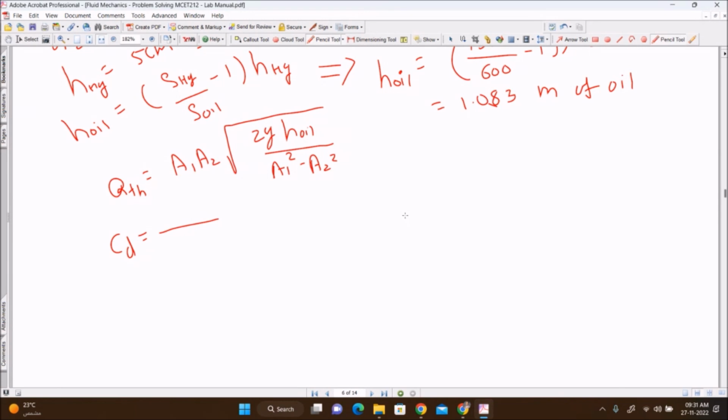In actual, there is a friction loss, a measurement loss, a time loss. Actual discharge is less and theoretical discharge is more. So the formula is actual by theoretical, so this is small and this is big.